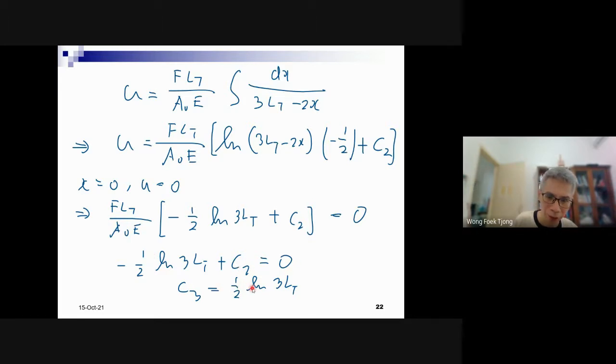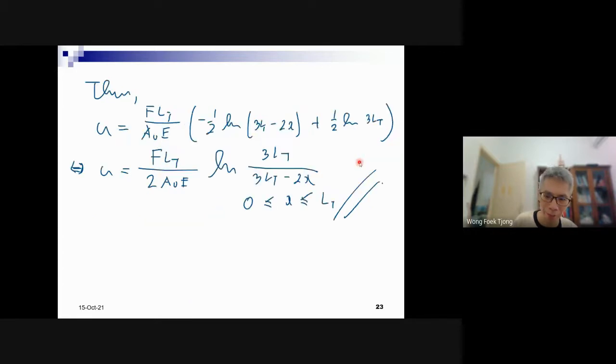That's 1/2 natural log 3LT. So we know C2, and we get this one, the displacement. This is the constant, and then we put it nicely like this.